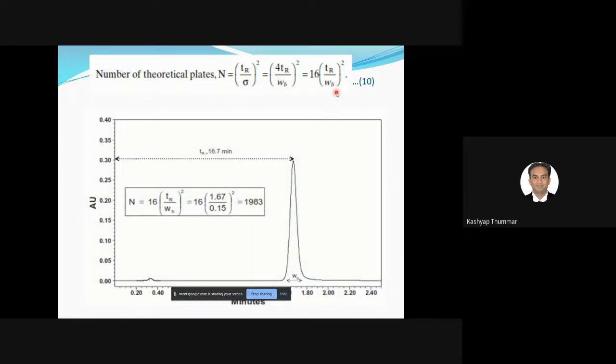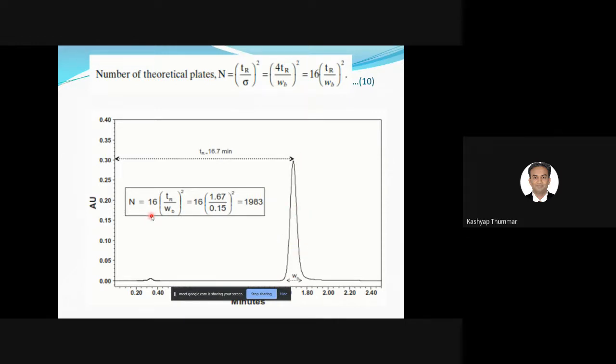So how to calculate the plate number? Suppose this is a retention time of 1.67 minutes. It is wrongly written here, so pardon this typographical error. It is not 16.7, it is 1.67. So again, our typical example 1.67.